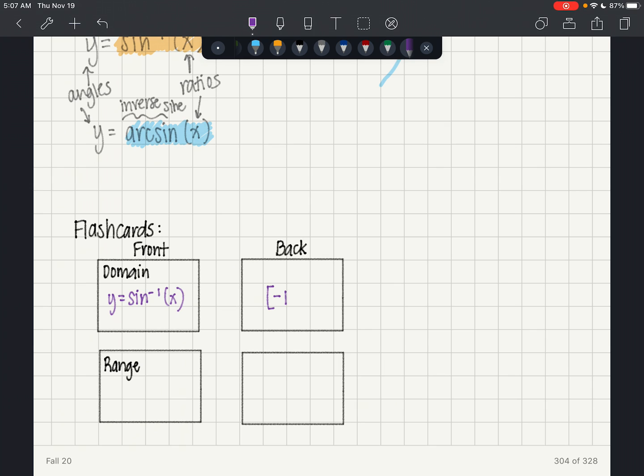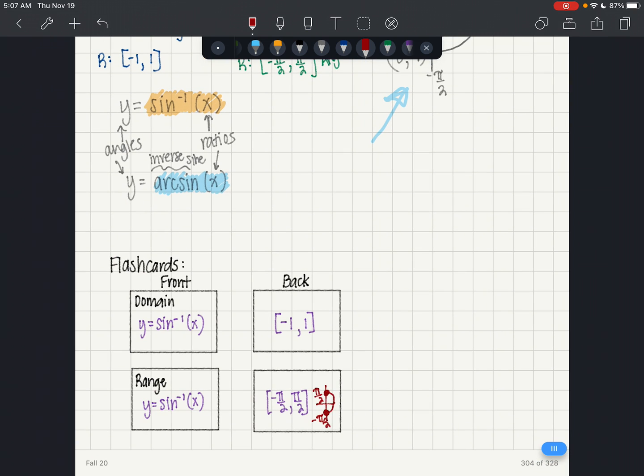The domain puts in ratios, so the domain is -1 to 1, and the range are angles between -π/2 to π/2. And with this one, we're going to want to draw that partial unit circle, -π/2 to π/2. And hopefully that will give you your visual. And I'll use those partial unit circles when I do examples.